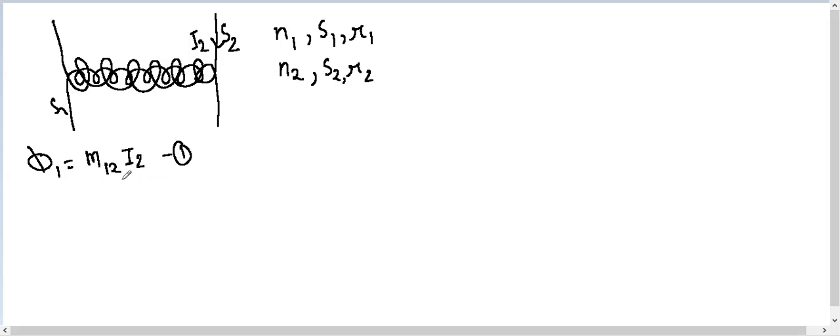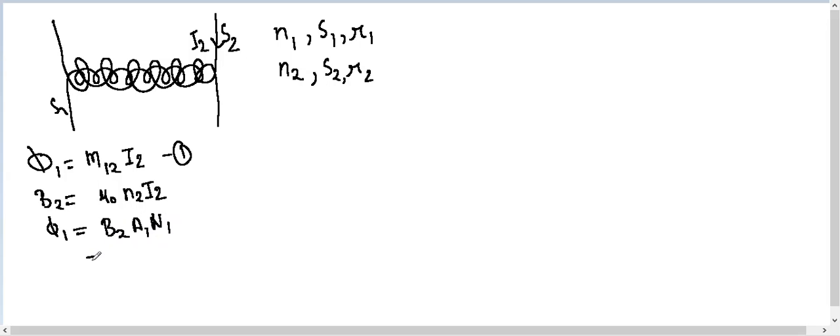The magnetic field due to the current I2 in S2 is given by B2, which is equal to mu naught into N2 into I2. So the flux through S1, that is phi 1, is given by B2 into A1 into N1.